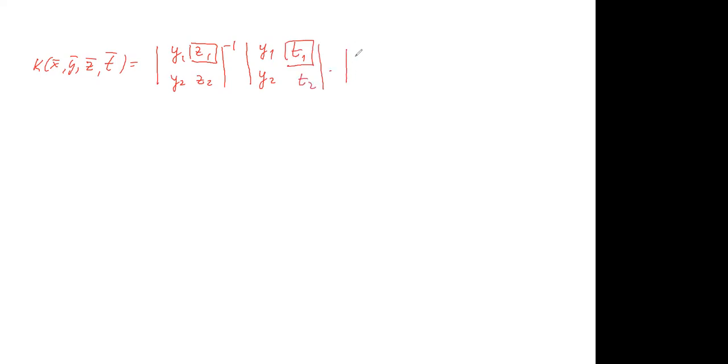Now x1, x2, t1 boxed t2 minus first, and x1, x2, x2, t1, t2.